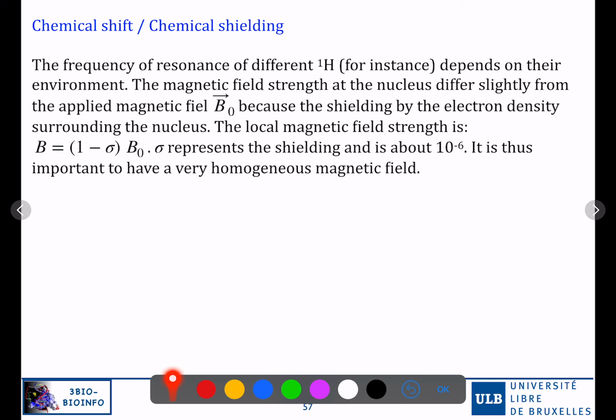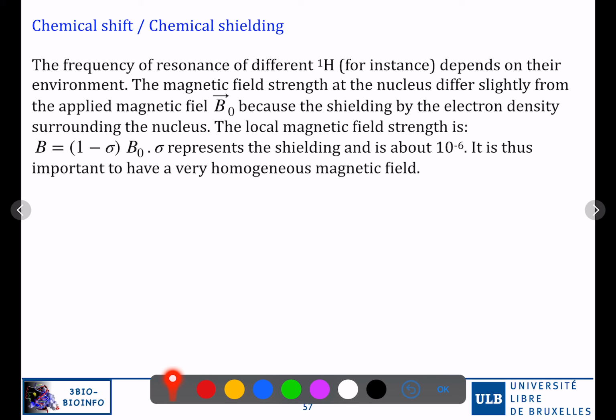What is important also is the frequency of resonance of the different nuclei. Here, if we work with hydrogen 1, for instance, it will depend on the environment of the different nuclei.